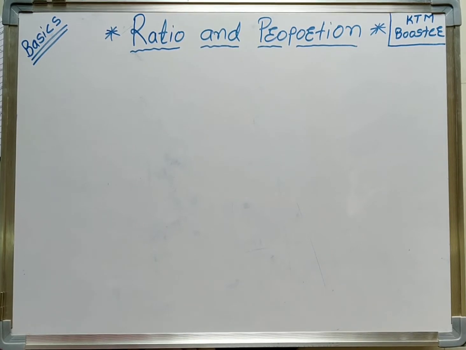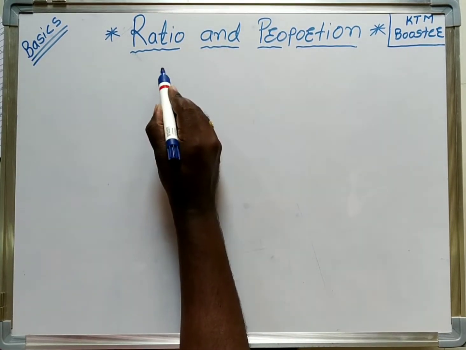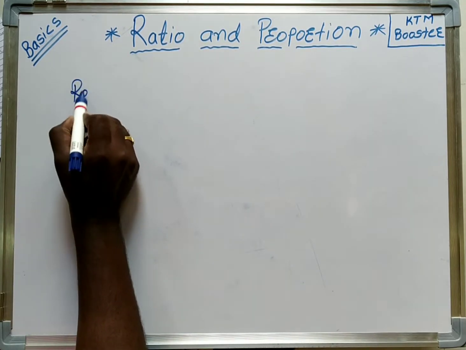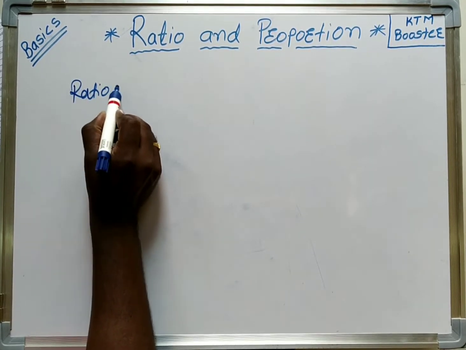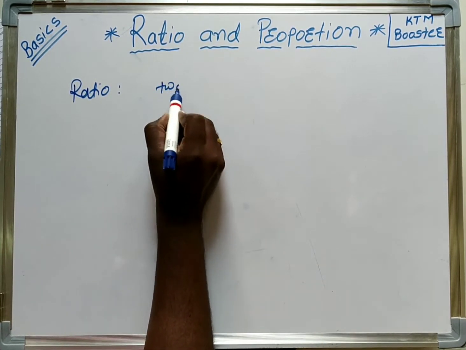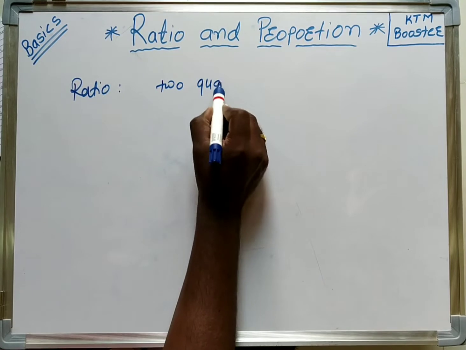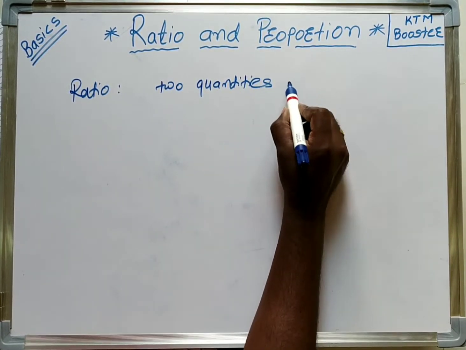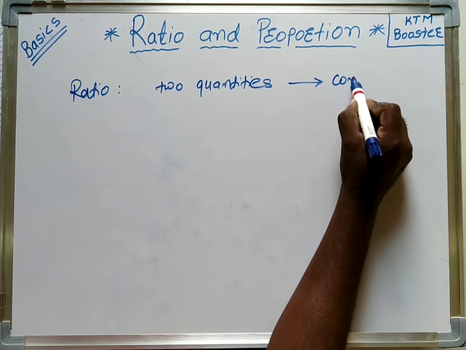Today we are going to discuss the basics of ratio and proportion. First of all, we will see what a ratio is. Ratio is the comparison of two quantities.